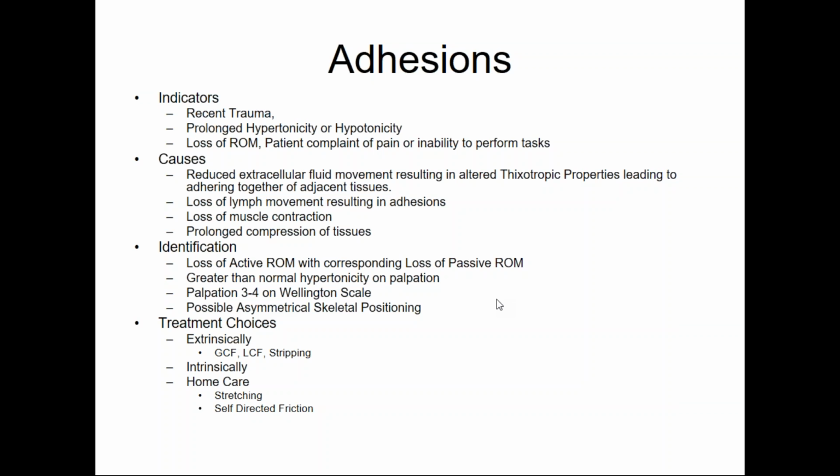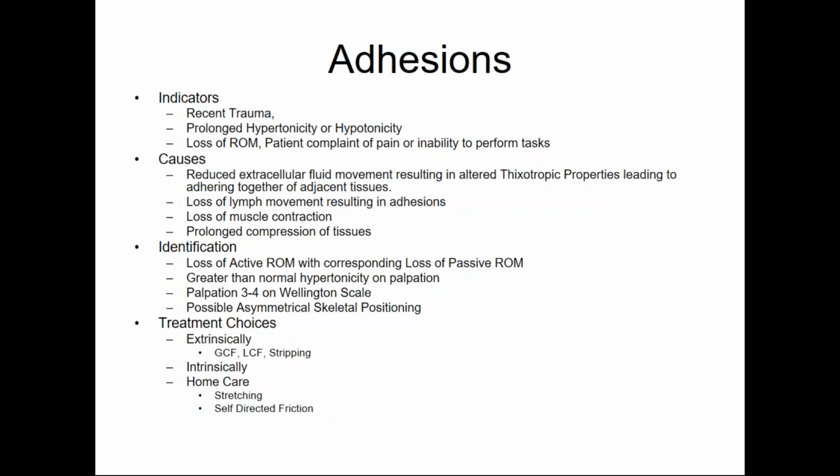So adhesions can be associated with recent trauma, but prolonged hypertonicity or hypotonicity in a muscle can result in adhesion because of the improper movement of fluids around the muscle fibers. They can cause loss of range of motion.